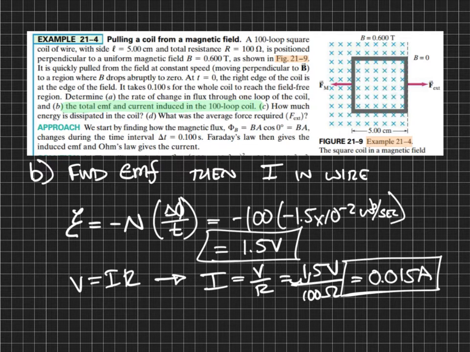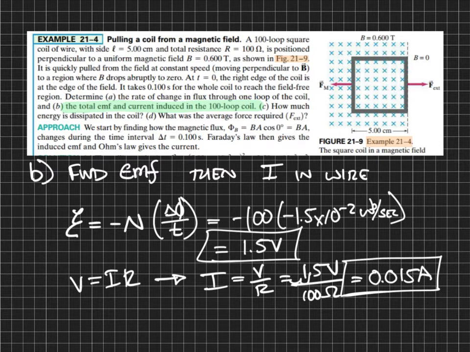Now, as we're looking at this, we can try to understand what is happening and what is the direction of the current, right? So if we look here, our flux is going to be decreasing because we are moving out of this magnetic field. So to counteract that, the current induced in this coil is going to produce a magnetic field which is going to match the direction of the existing magnetic field.